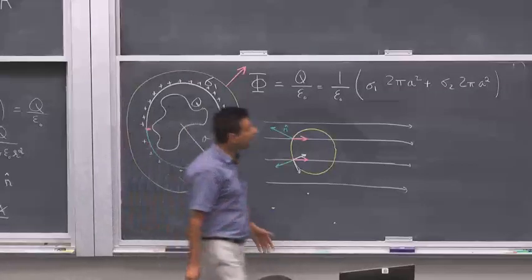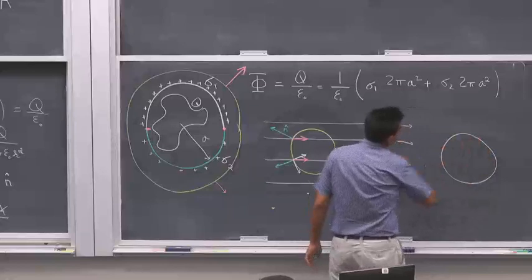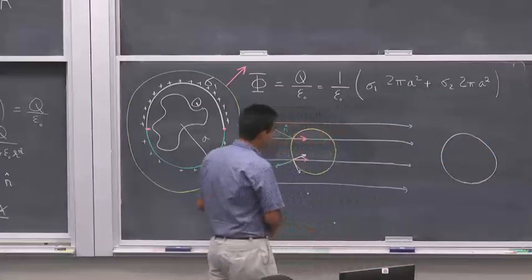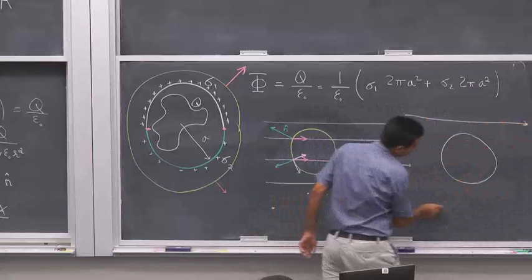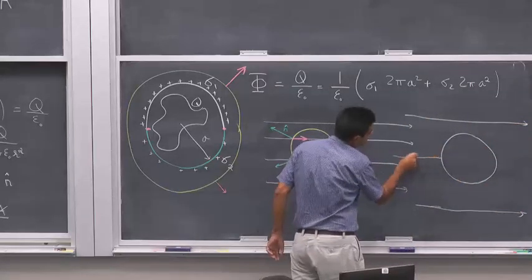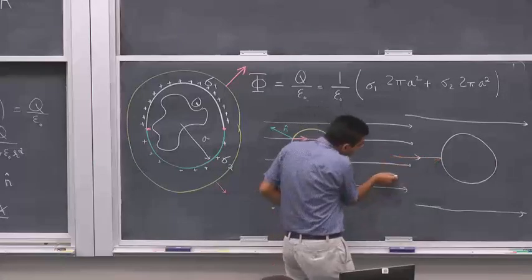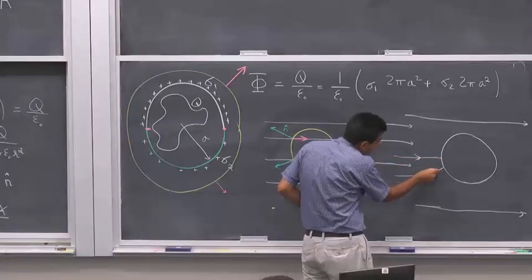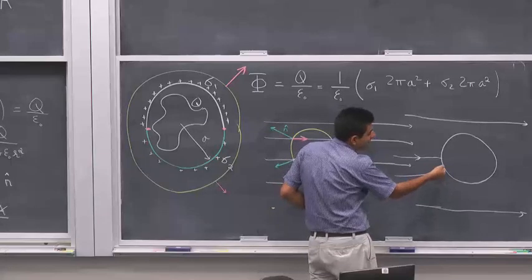So if I draw the electric field pattern for an uncharged object that is placed inside a uniform electric field, here the electric field is going to remain straight, but close to the surface the electric field lines are going to tilt, so that at the point of intersection with the metallic object, they're going to be normal to the surface.